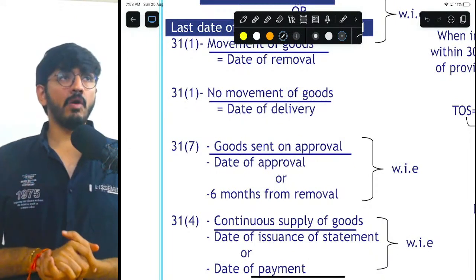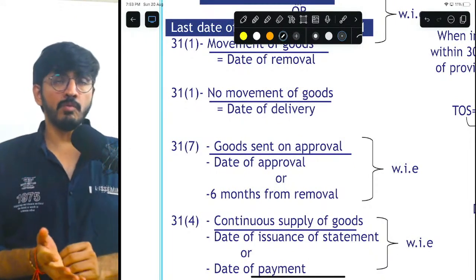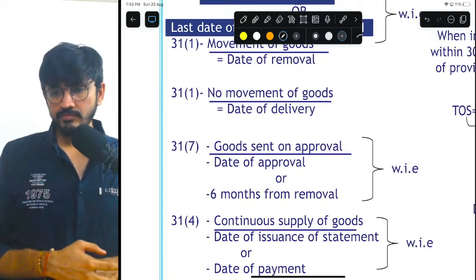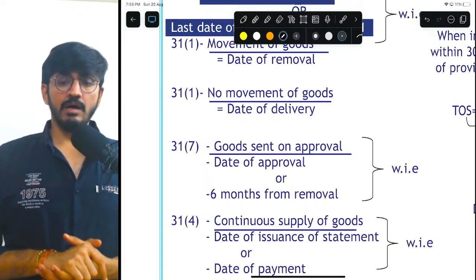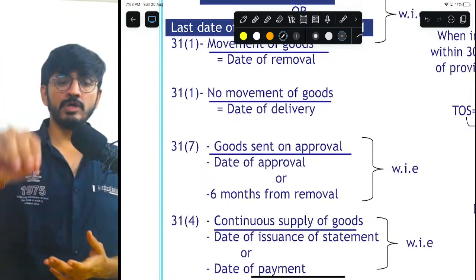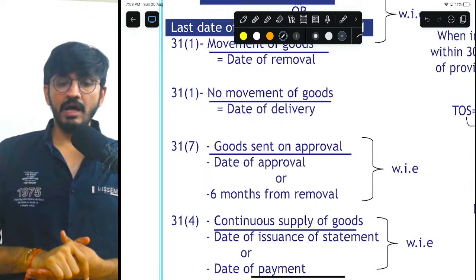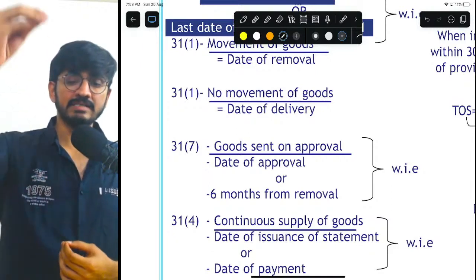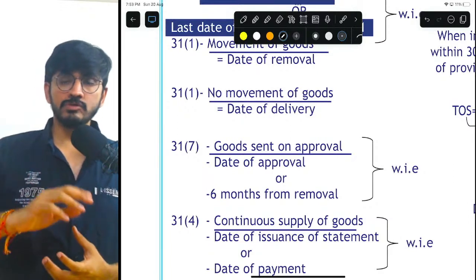Or one more classic example of no movement of goods is, let's say, Mohit Patwari has a factory, and he wants to sell it off.